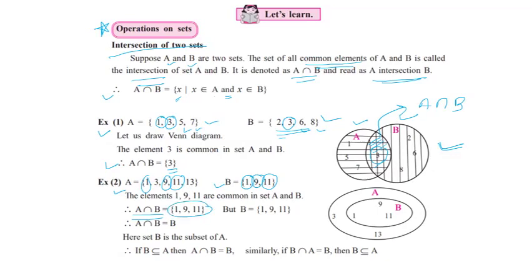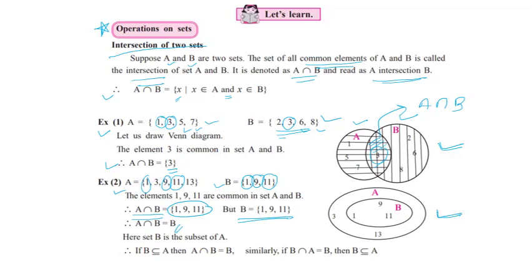Understood? Now 1, 9, 11 is the set B. Therefore we can write B instead of the elements also: A intersection B equals 1, 9, 11, or A intersection B equals B. And this is the Venn diagram. Observe this figure.